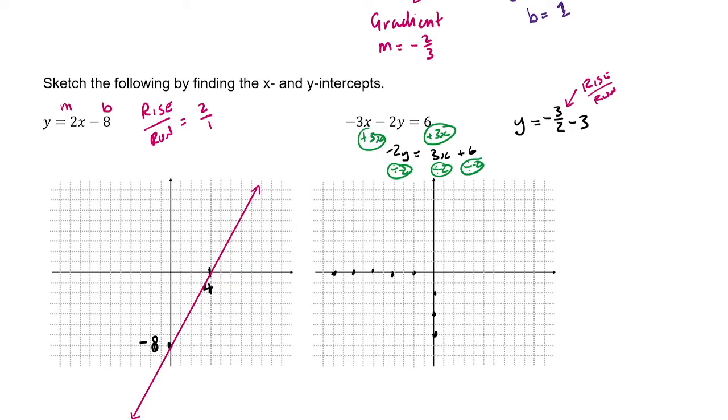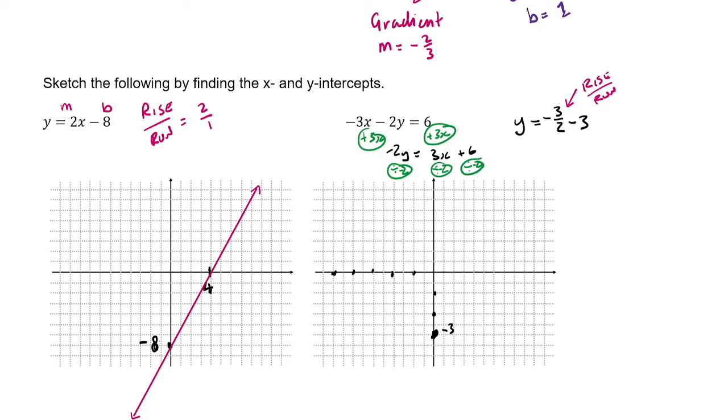So the easiest way is to go towards your x-intercept. If we go backwards this time, it'll work out pretty well, I think. So we're starting at -3, because that's our y-intercept.